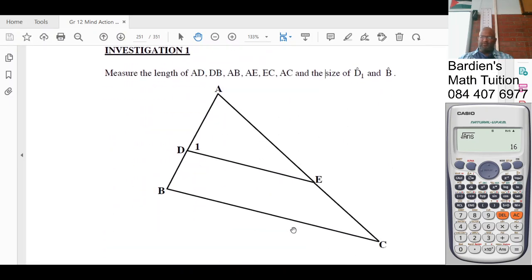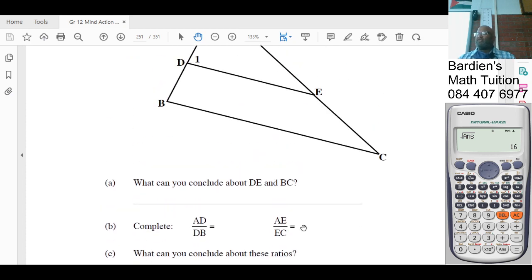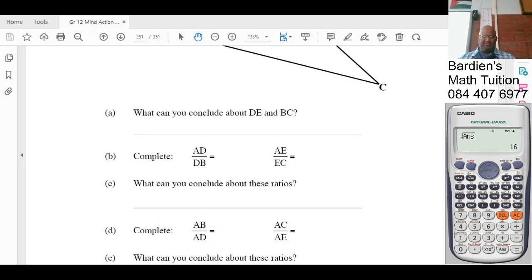Don't write in the book, but just use your ruler and write your findings down. We'll talk about that tomorrow. It will be obvious because I'm going to speak about certain things now. But do it, it's a nice investigation.